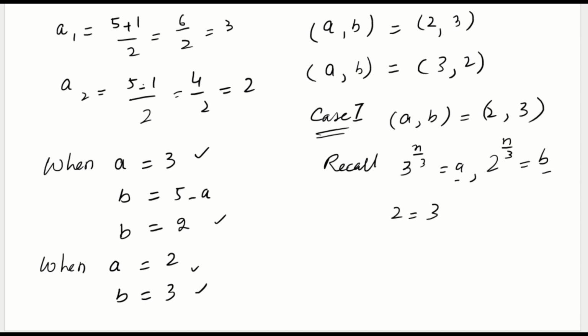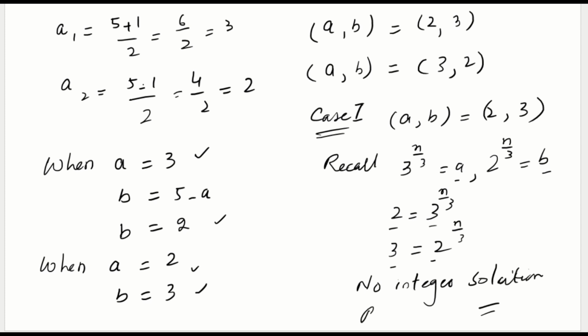So 2 is equal to 3 to the n over 3, and 3 is equal to 2 to the n over 3. Both the bases are not the same, so we cannot find the value. So here we will not have any solution. No integer solution here, so we will reject this case.